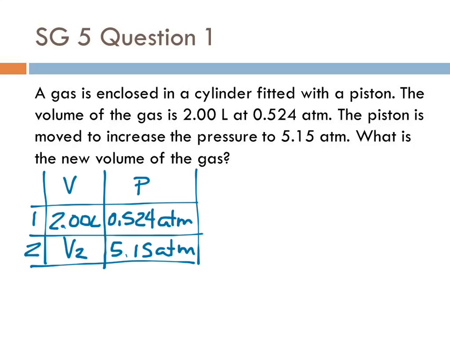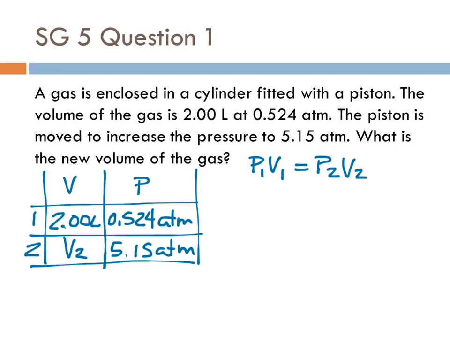So if we go looking at gas equations, we'll find one that's P1V1 equals P2V2. We need to rearrange this equation to find V2. And let's just confirm that that's what we're supposed to be looking at. The question is, what is the new volume? So yeah, that matches up.